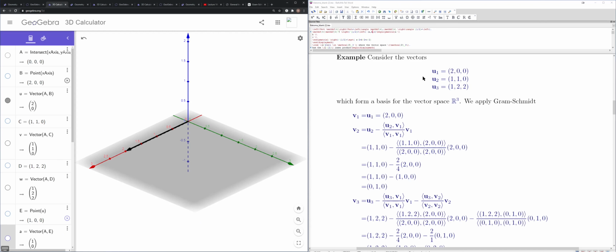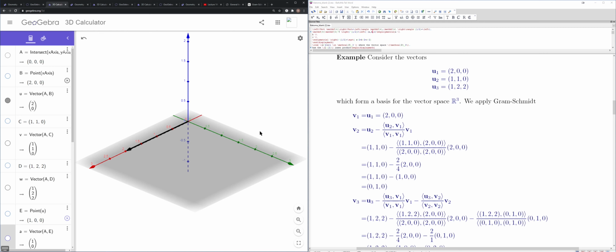Okay, so let's apply Gram-Schmidt to this basis to get a new orthogonal basis. For the given U1, the V1 is equal to U1.